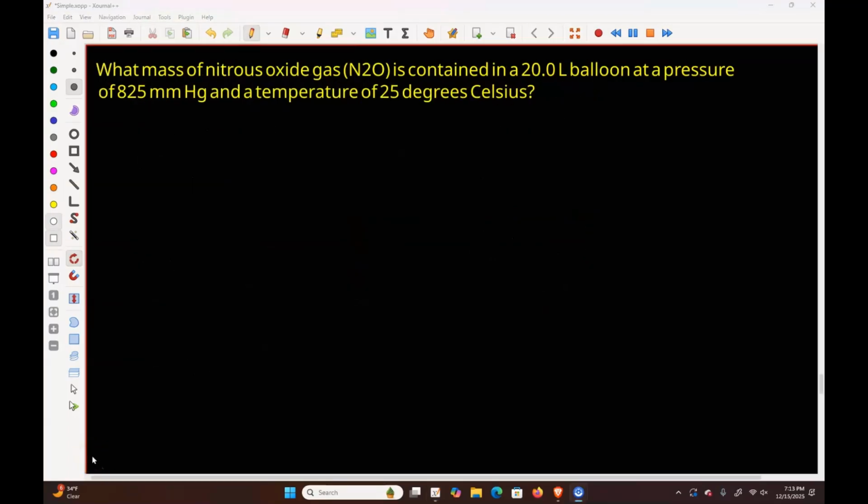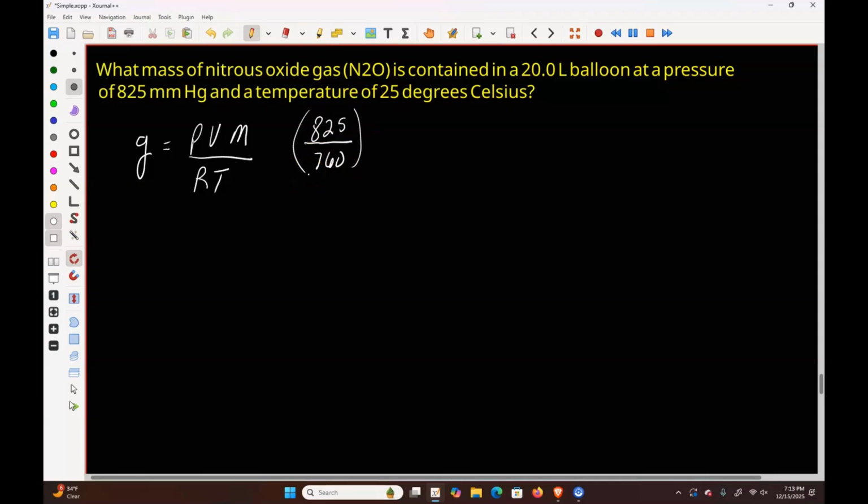What mass of nitrous oxide is contained in a 20-liter balloon at a pressure of 825 millimeters mercury at a temperature of 25 degrees Celsius? Okay, I'm looking for mass. We saw earlier that mass was equal to PVM over RT. So the pressure here is going to be 825 millimeters mercury, but I need to convert that into atmospheres or kPa, so I'm going to divide it by 760.